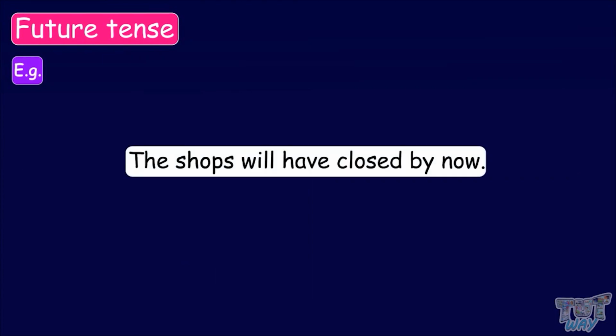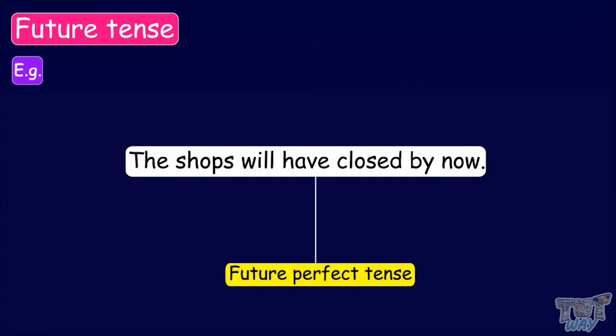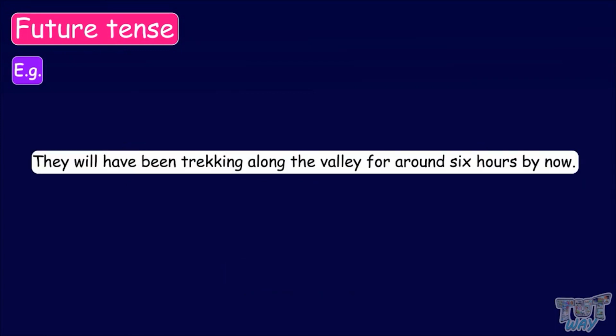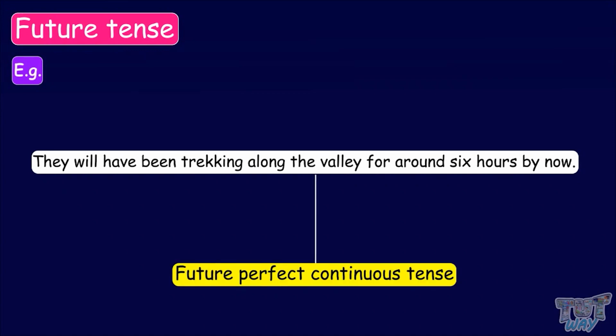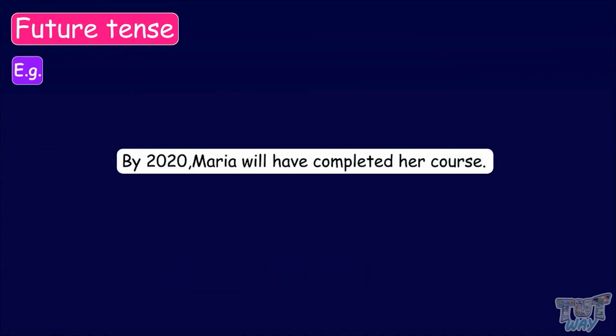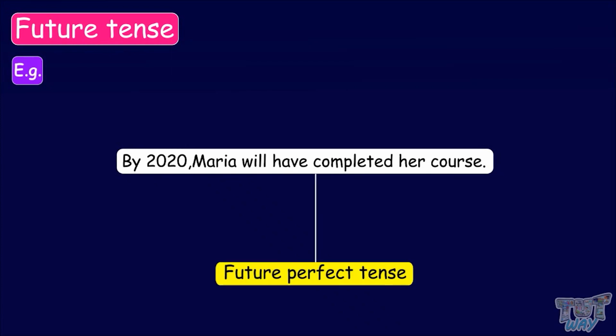The shops will have closed by now. Future perfect tense. They will have been trekking along the valley for around 6 hours by now. Future perfect continuous tense. By 2020, Maria will have completed her course. Future perfect tense.